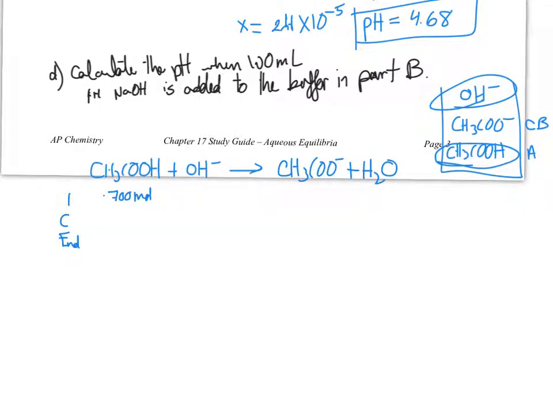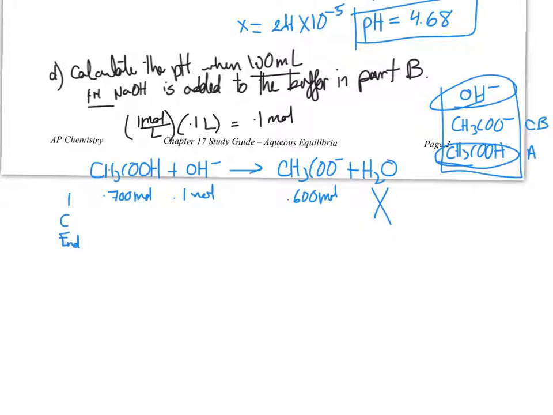My base, let's see, I have 100 milliliters of 1 molar, so 1 mole per liter times 1/10 liter, so that's 0.1 moles. My acetate, we said from the previous problem, is 0.600 moles. My water, I don't care about, it's a liquid.